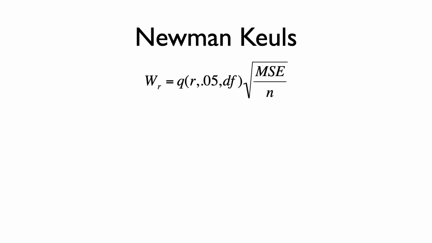Again, this says how big a range you have to get between two means to make them different. So if this comes out at 8, any two means that differ by 8 or more are significantly different. You might say, well, Dave, why don't we just do this in the first place? Well, they all have mean squared error in them. You have to do the ANOVA anyway.